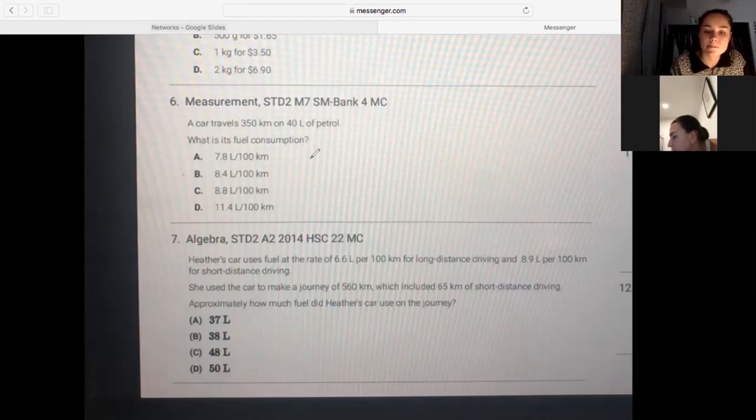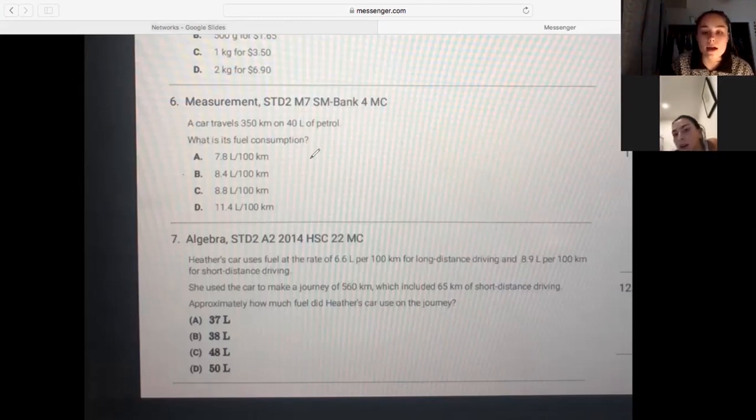What's the difference between long distance driving and short distance driving? I don't think there's an actual maths difference. It's just if you're in a city, stopping and starting, you're going to use more petrol than if you're just driving straight along a road.